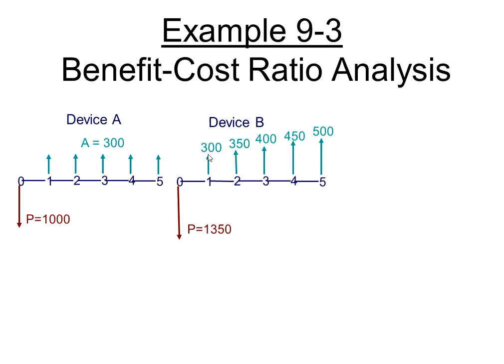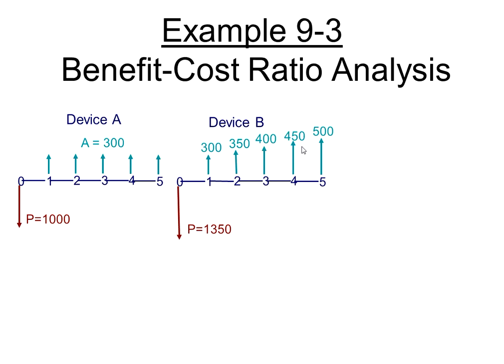You can see that it's clearly an arithmetic gradient because between each of the consecutive savings each period, there is exactly 50 difference. If we subtract this one from this, we have 50, this one from this, we have 50, and so on. So 50 is our arithmetic gradient amount.